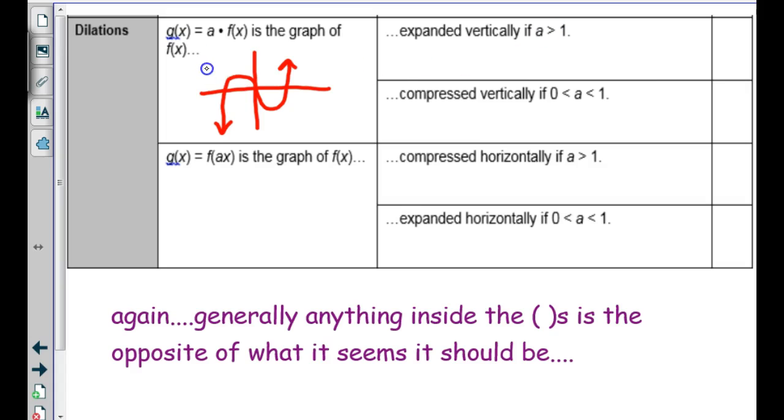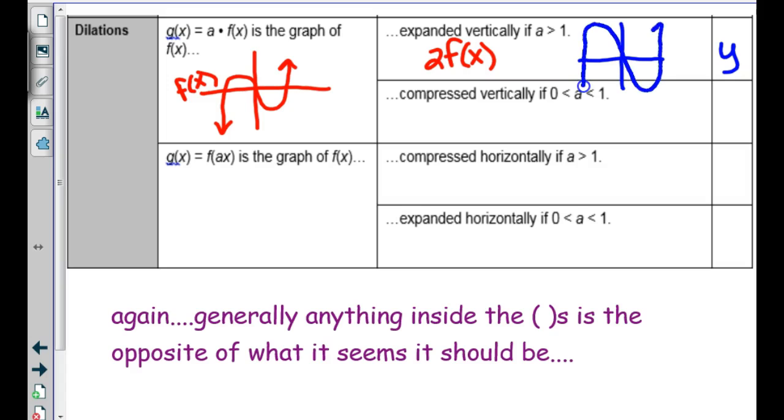If I put a 2, okay, if I call this f of x, if I want to graph 2f of x, it's going to change the y values, and what it's going to do is make it go up twice as far and down twice as far. Okay, the zeros stay the same.